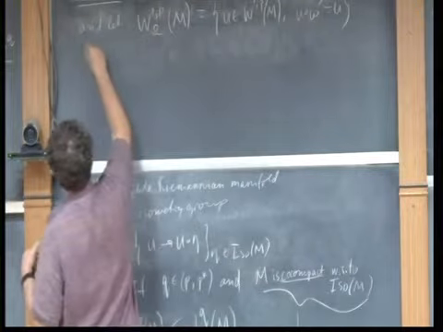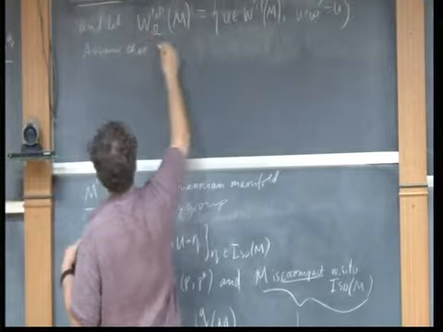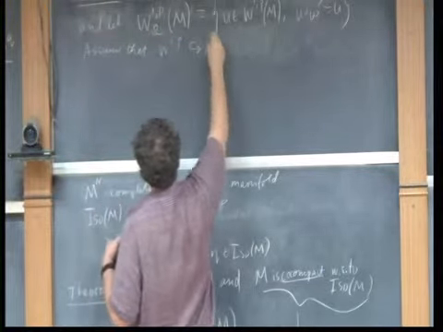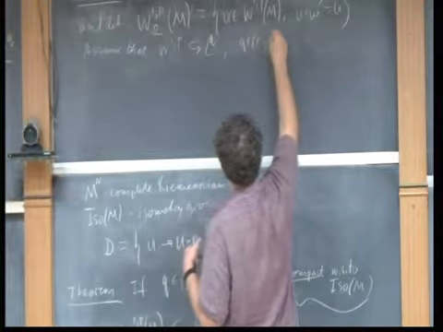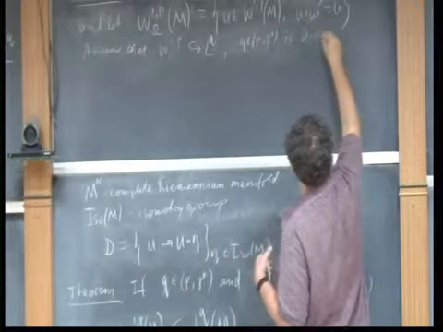So I'll assume that the embedding W^{1,p} into L^q, q between p and p star, is D co-compact.